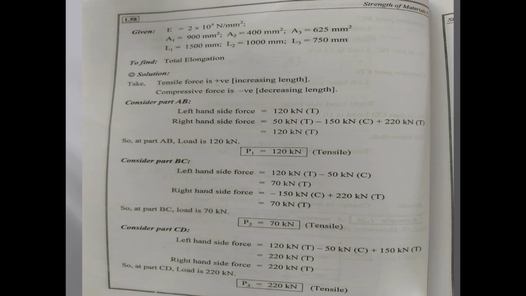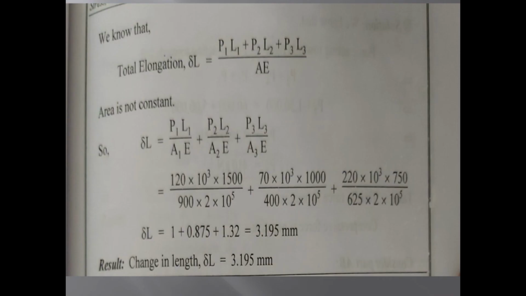Okay, then substituting the P1 value 120 into 10 power 3, L1 equal to 1500, divided by area.